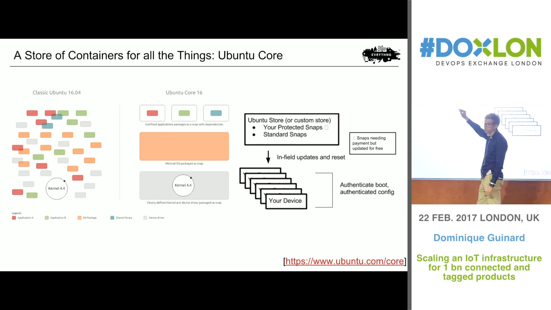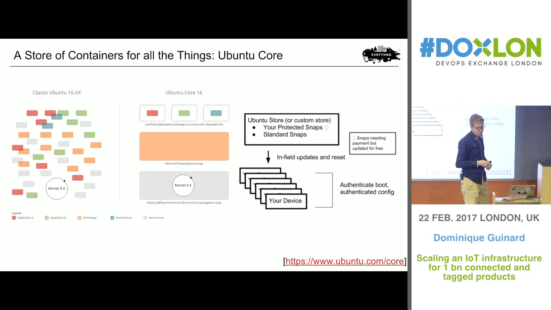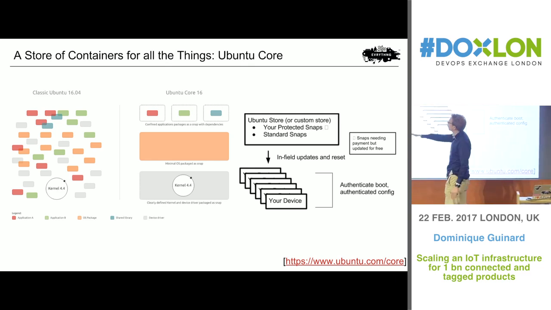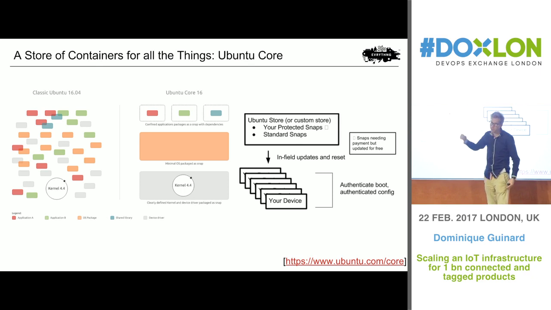They're not Docker containers; they re-implemented their own. But basically you have this very lightweight version of Ubuntu, and then you have these different containers. The difference between Resin and Ubuntu is that Resin focuses on a very simple workflow to deploy to a very large number of devices. Ubuntu focuses on having a lot of applications on a single device in containers.